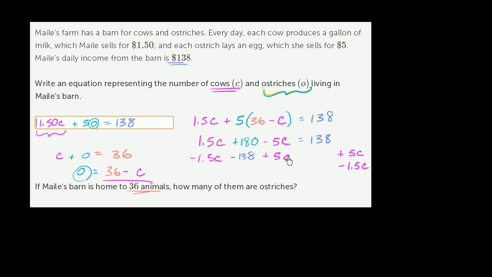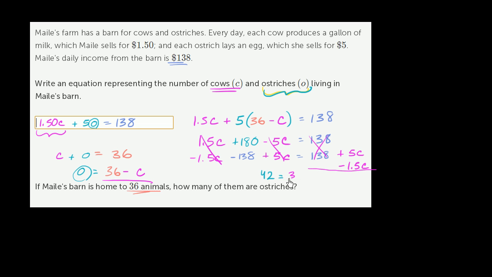I'm really trying to get all my C's on the right-hand side and all my constants on the left-hand side. And so we are going to end up with 180 minus 138. So 80 minus 30 would be 50. So 80 minus 38 is 42. So it's going to be 42 is equal to, see, these cancel. 5 minus 1.5 is going to be 3.5.